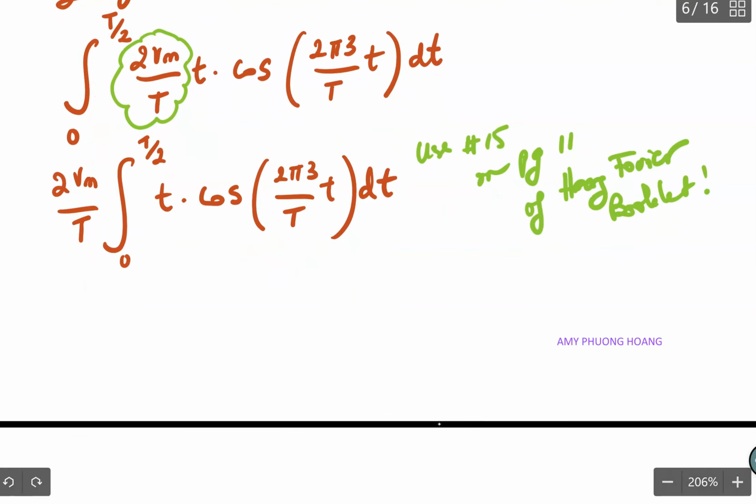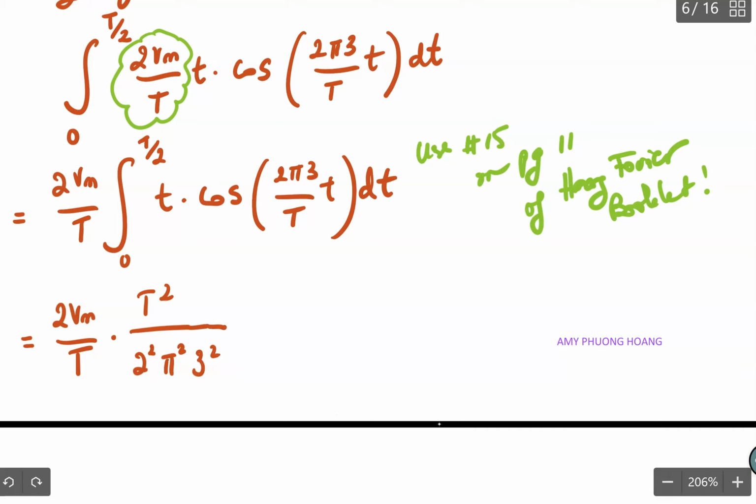Okay, so using number 15, what I will have is this. I will have 2V max over T, and I will multiply this with t squared divided by 2 squared pi squared, n squared, in this case 3 squared.